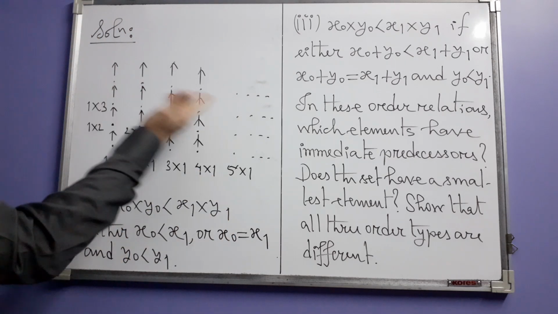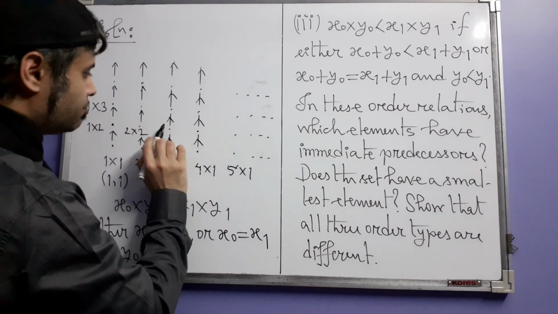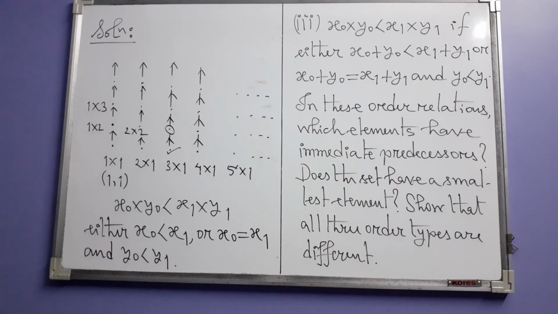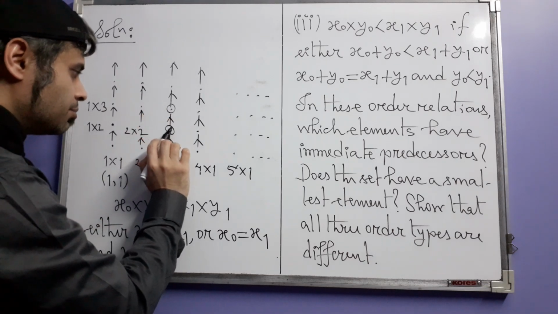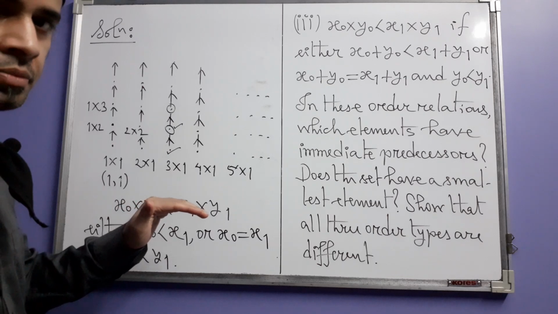You will get many elements which have immediate predecessors. For example, if you take this element, its immediate predecessor is this. If you take this one, its immediate predecessor is this. The one before that. Okay.